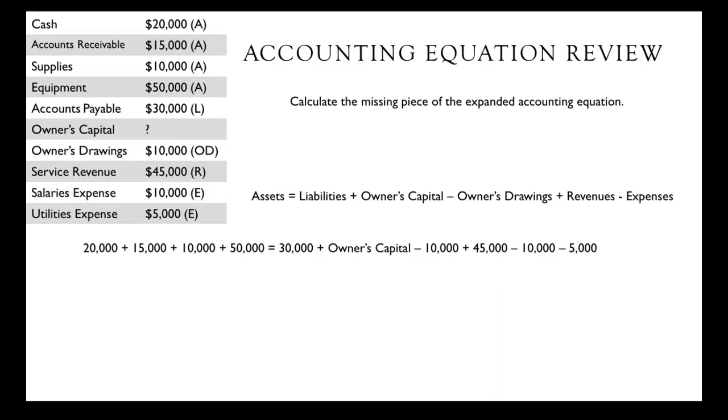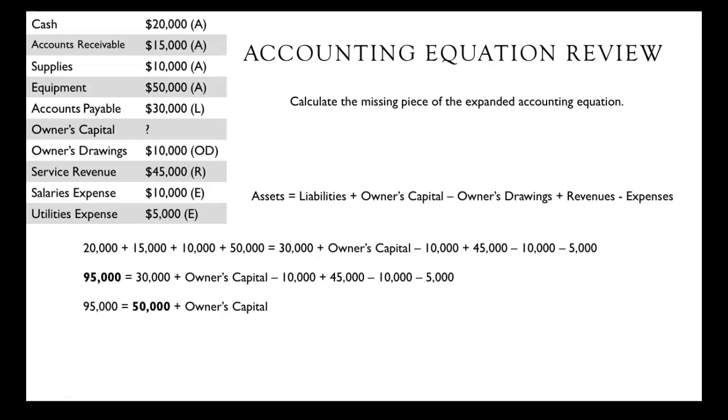So now we're going to simplify this piece by piece. First, we're going to add up our 4 assets. So when you take your cash balance plus your accounts receivable plus supplies plus equipment, you'll see that your total assets is $95,000. Now, we're going to simplify the right side of the equation.